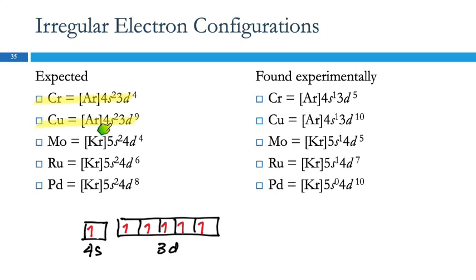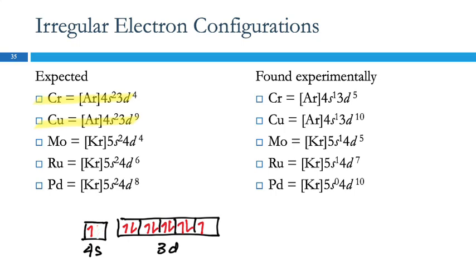Let's look at copper. So copper has a total of 11 electrons here. So we've got 1, 2, 3, 4, 5, 6, 7, 8, 9, 10, 11. That's what the rules tell us, right? There's another Groupon deal. Look, this one's almost full. Wouldn't it be nice if that one was full, and then this one would be kind of nice because it'd be half full, right? So that's what happens.